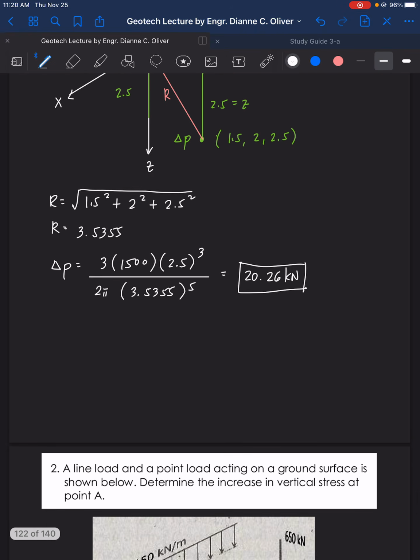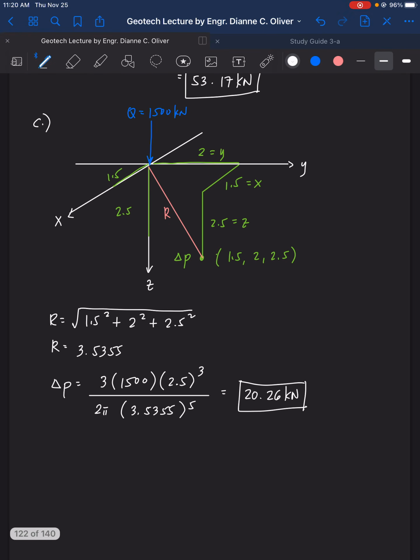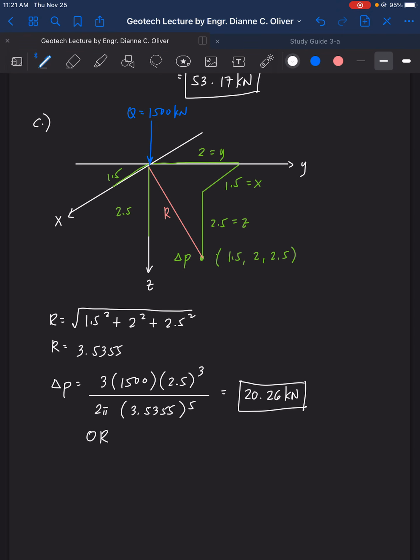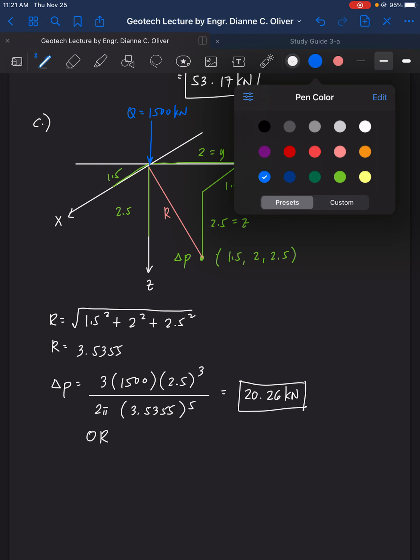But if we want to use the table, this is the formula when we use the table: Q over Z squared times N sub B. Now if we want to get the value for N sub B, we need the r over z. So how do we get the value for r?